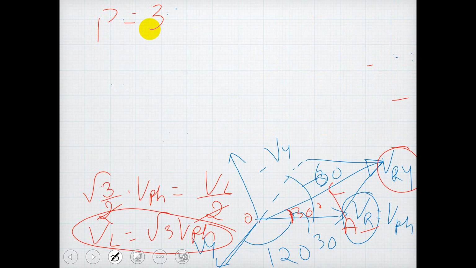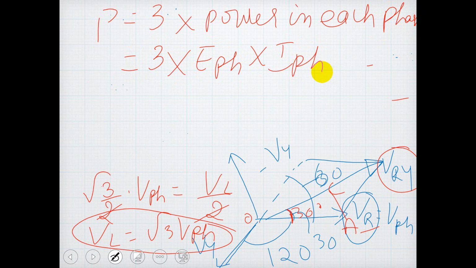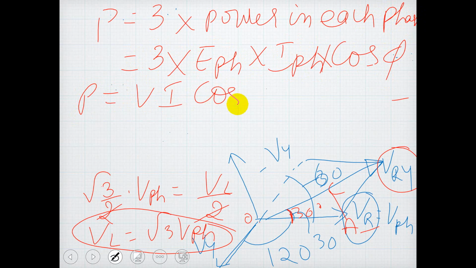R, Y, B line. 3 times the power in each phase, correct? So one phase we have power. So 3 times of that will be in 3 phase. So this will be equal to 3 into E phase into I phase into cos phi, correct? P is equal to VI cos phi in terms of single phase. Now for three phase we are using this one.